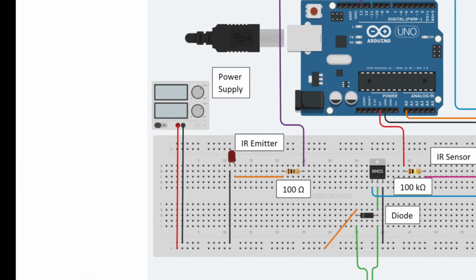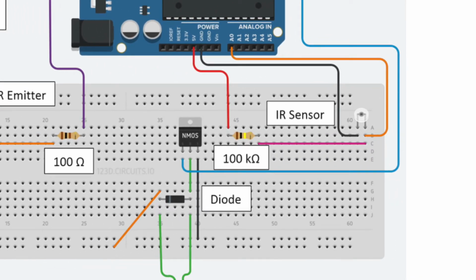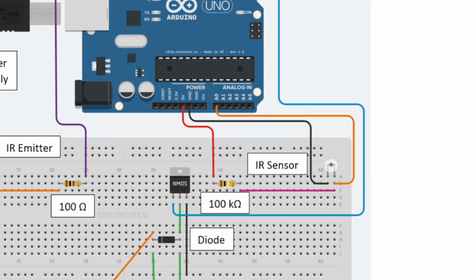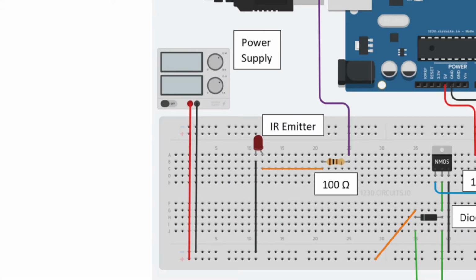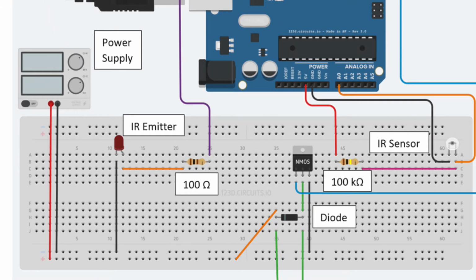The positive terminal of the power supply is connected to the positive lead of the solenoid through a connection to the diode. The middle gate of the MOSFET connects the other side of the diode to the negative lead of the solenoid. The placement of the diode is important because it only allows the current to flow in one direction. The negative terminal of the power supply is then connected to the rightmost pin of the MOSFET.